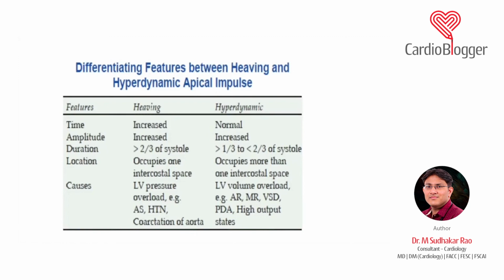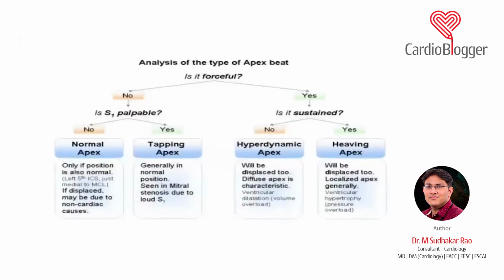So AR, MR, VSD, PDA, and other high output states are typical examples of a hyperdynamic apex, whereas hypertension, AS, coarctation, and hypertrophic cardiomyopathy are the typical examples of a heaving apex.